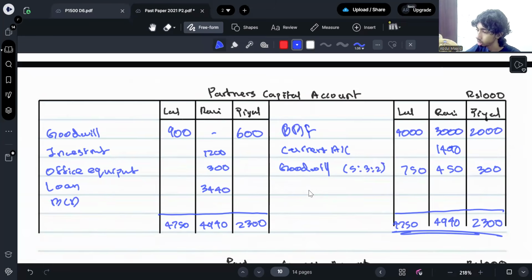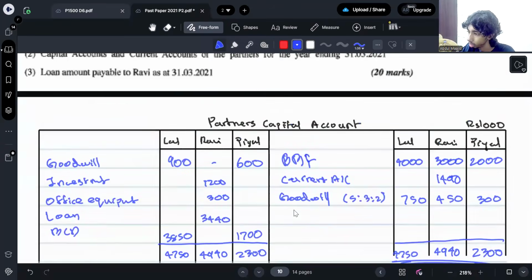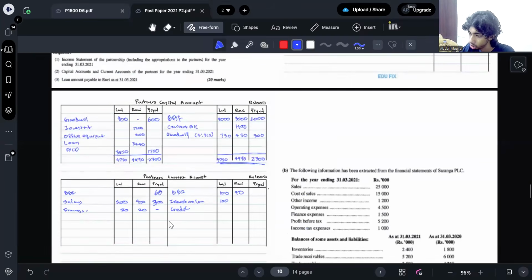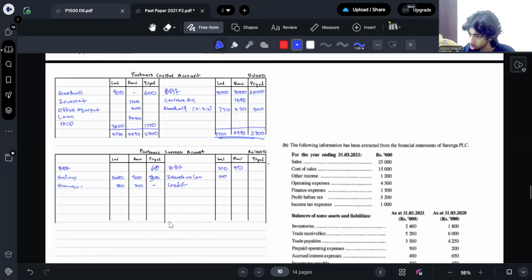3,440. The other two fellows carried down balance 3,850 and 1,700. Okay, and the partner's capital account is done. Current account also was done, but the values had disappeared.